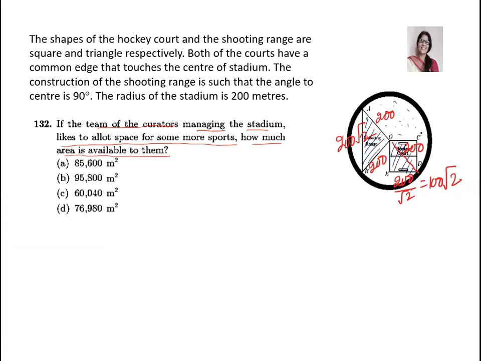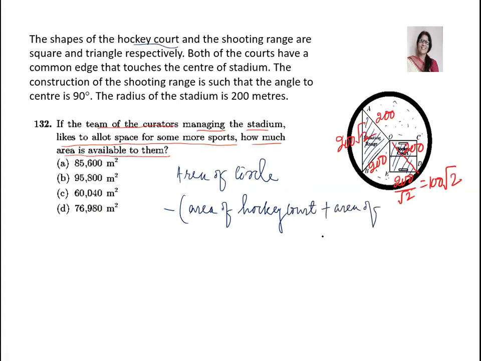So this is nothing but your area of the circle. Then you will subtract from it the area of the hockey court plus the area of the shooting range.